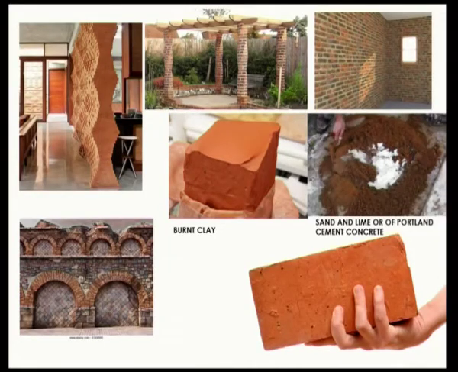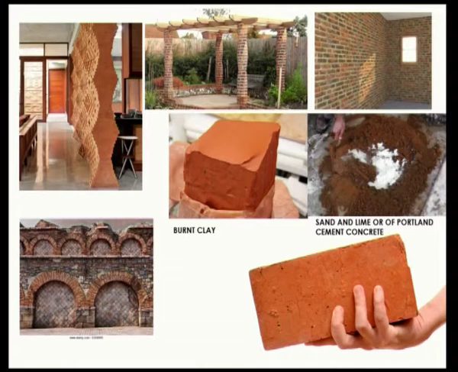Now, what is a brick? Brick is basically a rectangular piece of object, a cuboid, which is usually of a size that can be easily handled with one hand. The most common material for a brick is burnt clay, and there are also other materials, such as a mixture of sand and lime or Portland cement, used to make bricks.